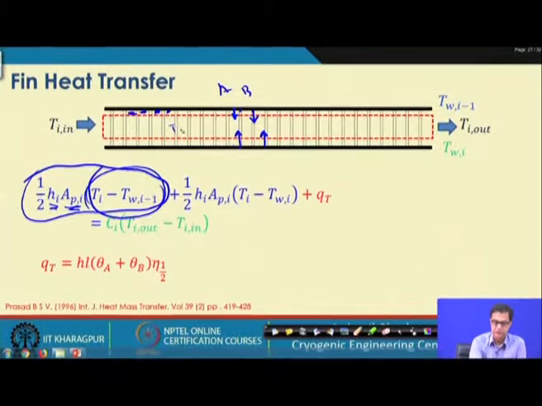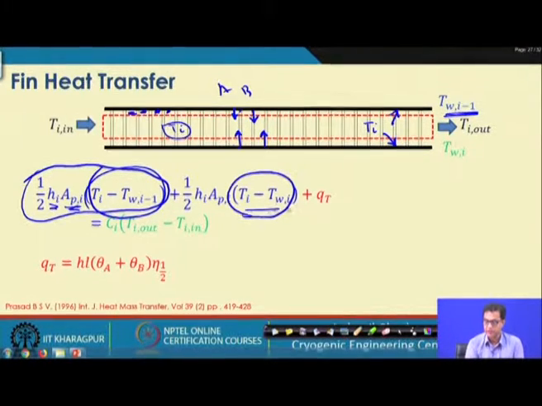If we consider T_i, which is an average between T_in and T_out, then it is T_i minus T_W,i. This is the temperature difference between the fluid and the wall, and then the corresponding surface area and heat transfer coefficient.